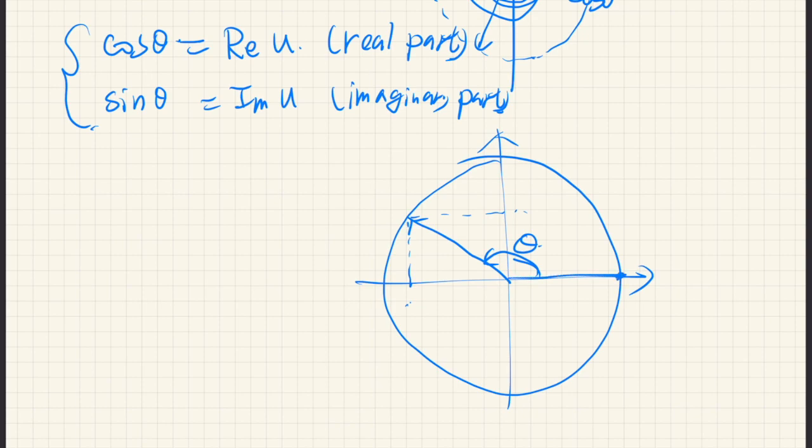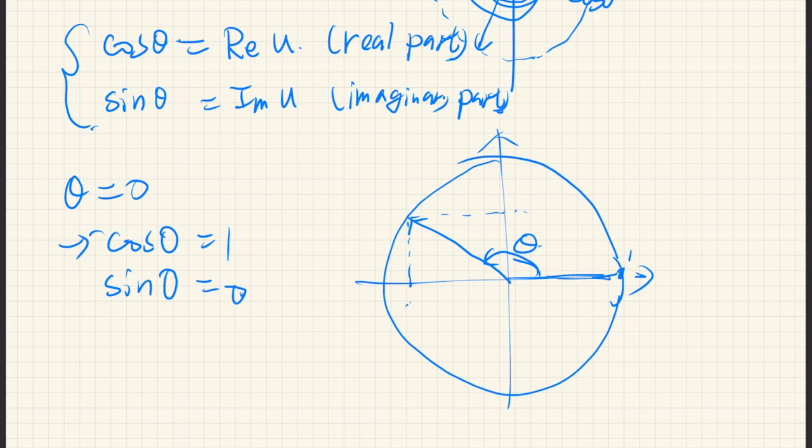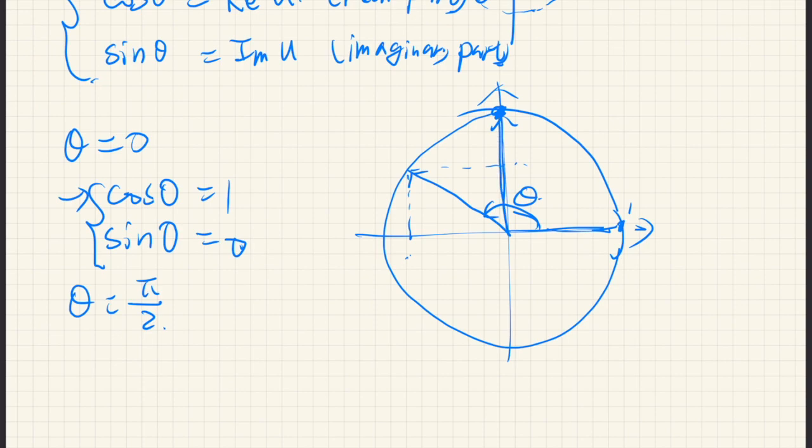So as you can see, when theta is equal to 0, then cosine 0 is here, 1, right? And cosine 0 is 1. And sine 0 is 0, because the imaginary part is 0 here. Okay, if u is here, that is when theta, the principal argument, is pi half, then the real part is 0 and the imaginary part is 1.